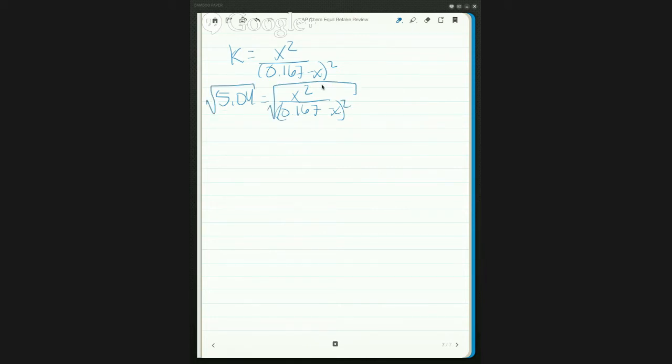And this is for free response, so you do have access to a calculator. I don't know this stuff right off the top of my head. The square root of 5.04 gives me 2.24 equals X over 0.167 minus X. Then I'm going to multiply both sides by 0.167 minus X.